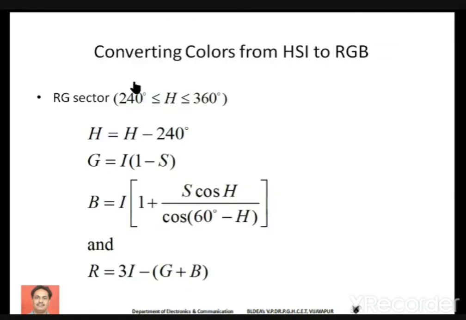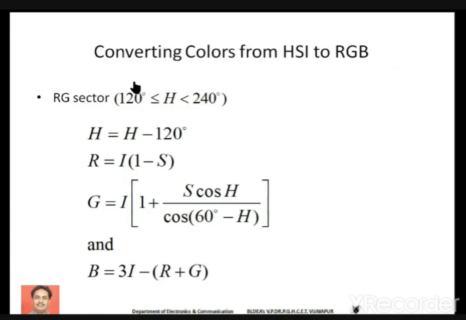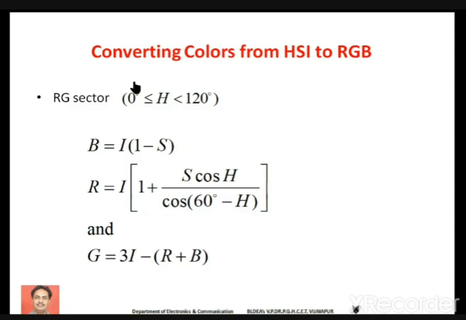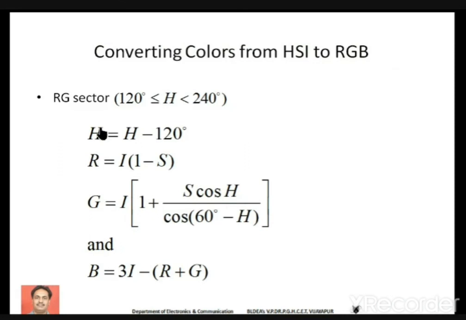Okay. So for converting HSI to RGB, we use three sets of formulas. These formulas depend on value of H. If H value lies between 0 to 120 degree, this is the formula we use. And if H value lies between 120 degree to 240 degree, then first subtract 120 from the H value, then you calculate RGB values by rotating the first set of formulas.